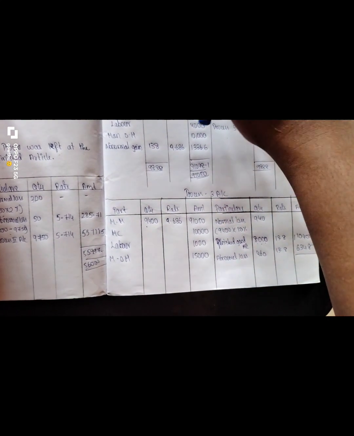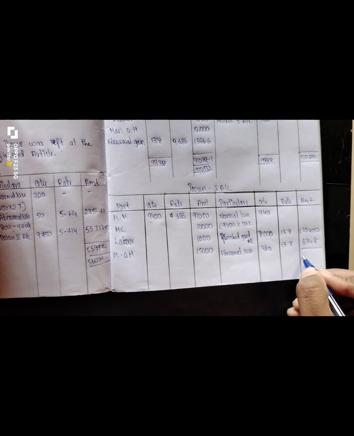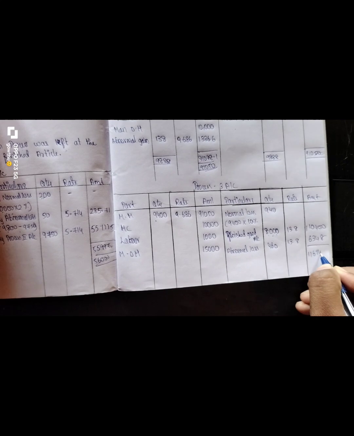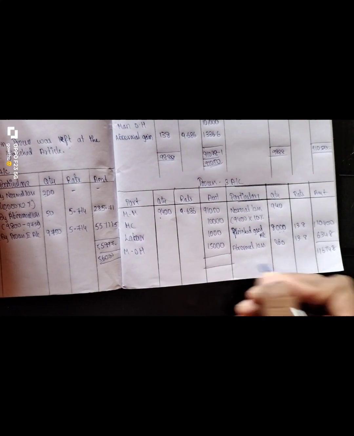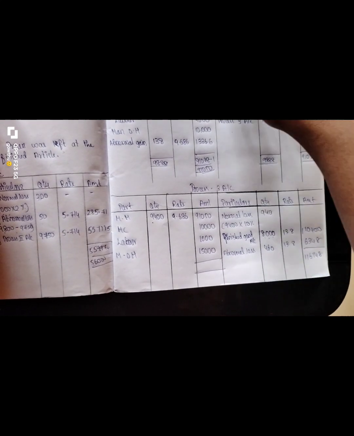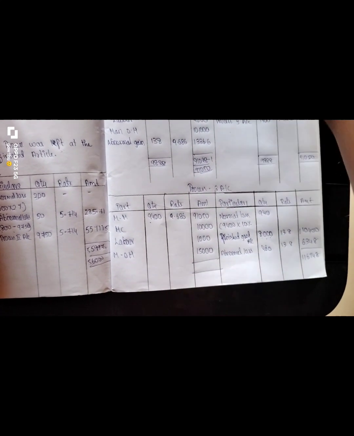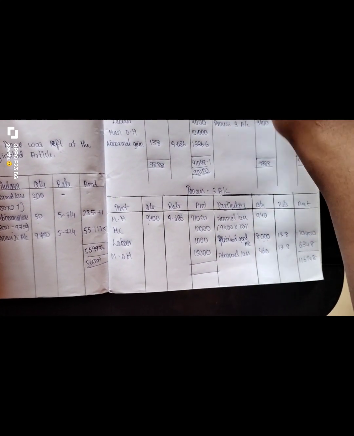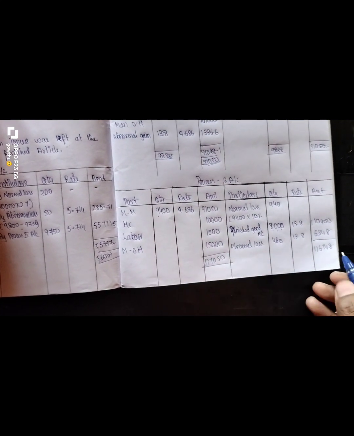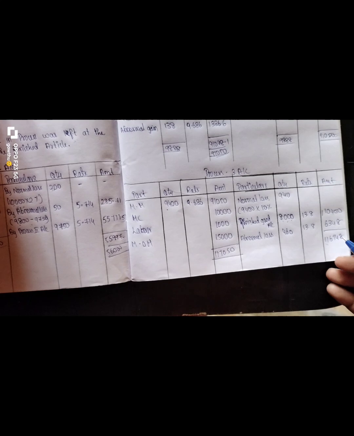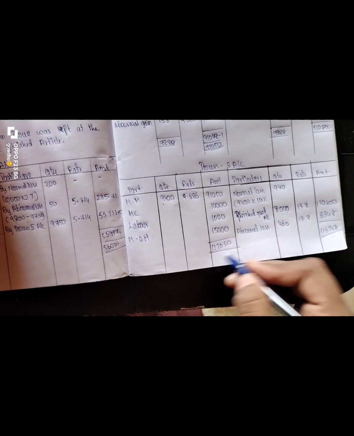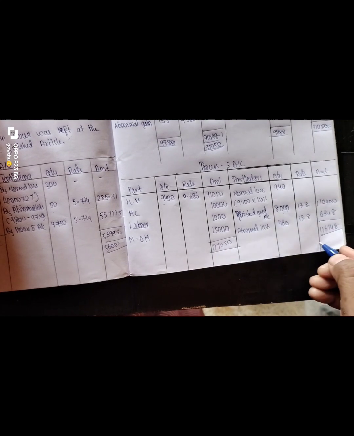If we add both, 1,16,748. Here 91,050 plus 10,000 plus 1,000 plus 15,000, we will get 117,050. Here we are getting less. If we take decimals continuously, we will get the proper answer. Here only less amount, so we can round off and write.